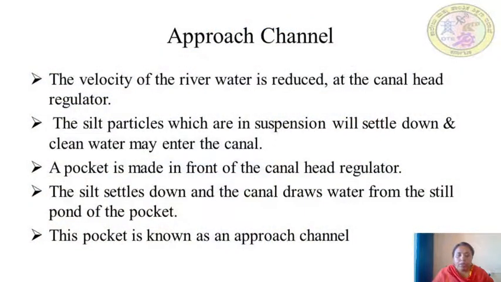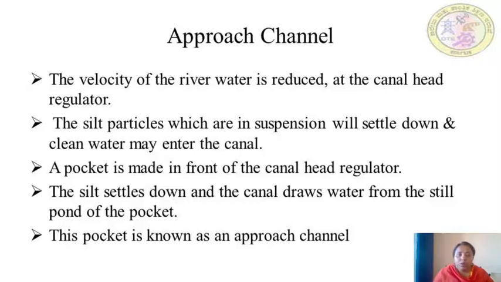So next, coming to the approach channels. In the approach channel, the velocity of the river water should be reduced when it reaches the canal head regulator. When the velocity reduces, the silt particles which are in suspension will settle down, and the clean water may enter into the canal.